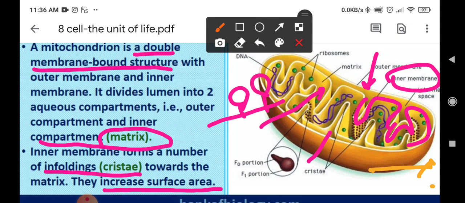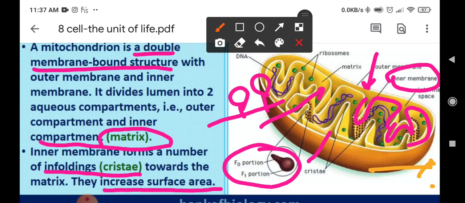These racket shaped structures are known as F0 F1 particles. Here you can see the lower part, the handle part, is known as F0, you can remember it like this, and the flat or circular part is known as F1, so we call it the F0 F1 particle.